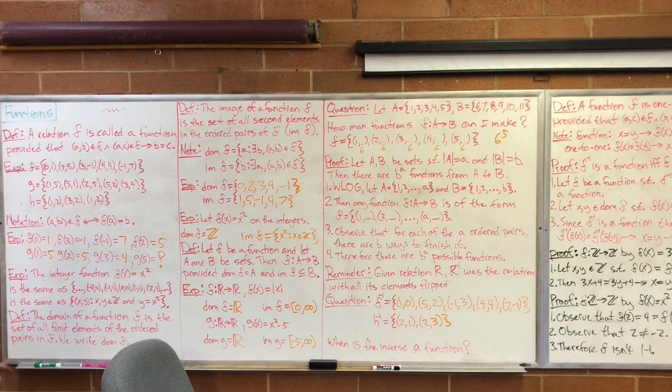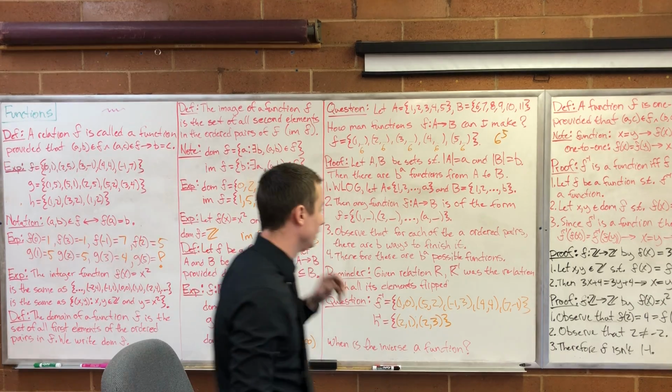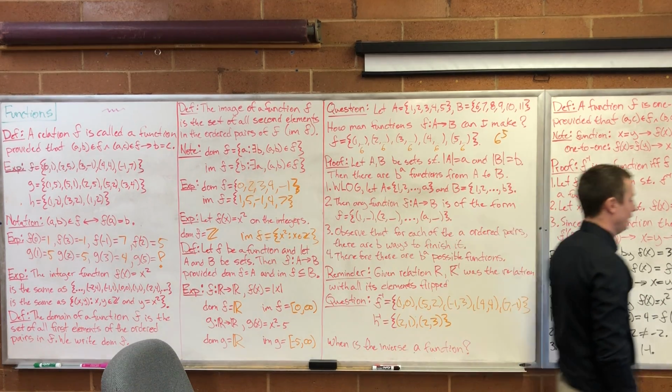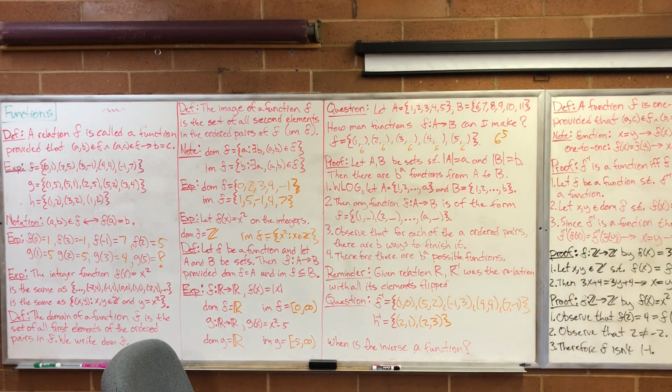We don't want to pair the same right-hand element with different left-hand elements if we want our inverse to give us a function. Another way to say that is we want our function to be 1 to 1. If a function is 1 to 1, then its inverse is also a function.